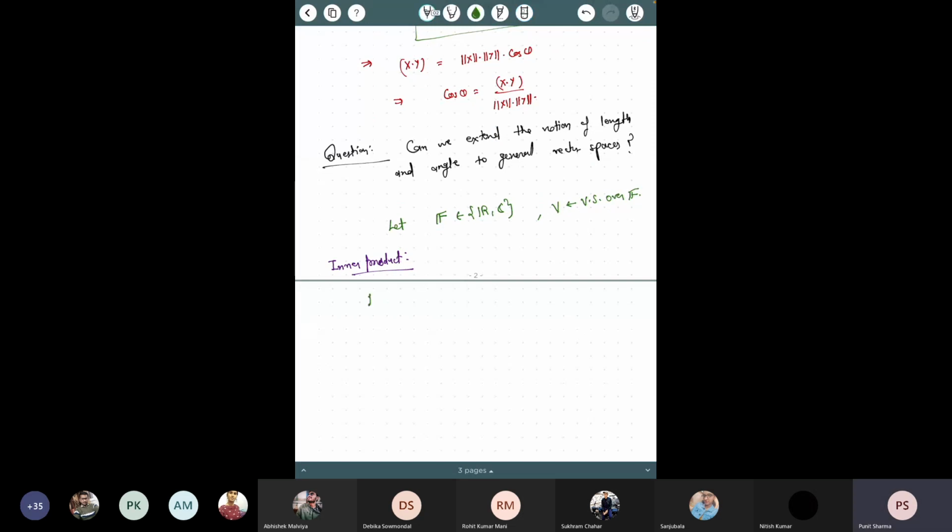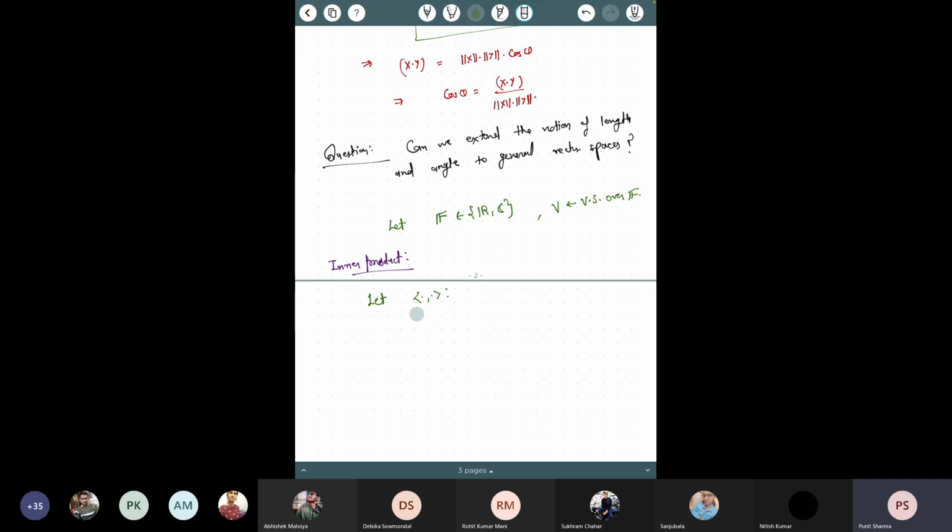I'm using this notation, which is sort of a standard notation. You can use any notation like f, g, h, whatever you want, for the inner product. But this is the standard notation, so I'm using it.